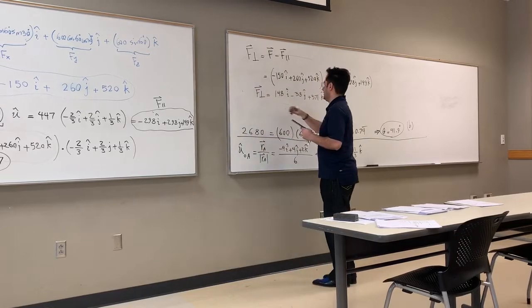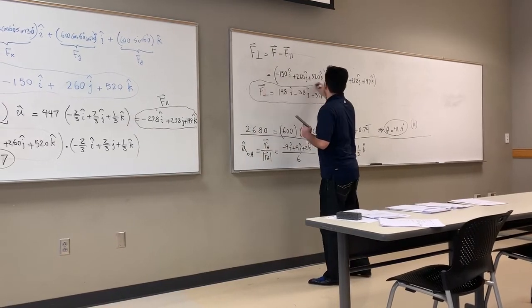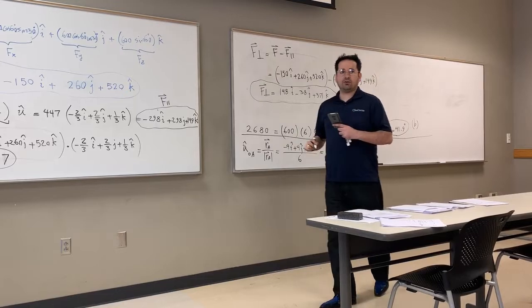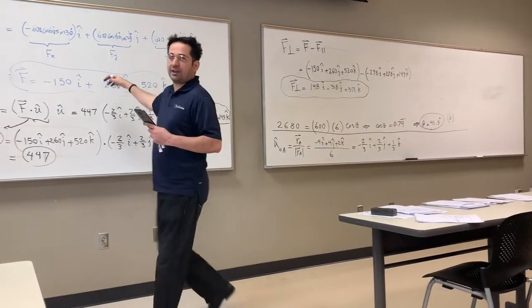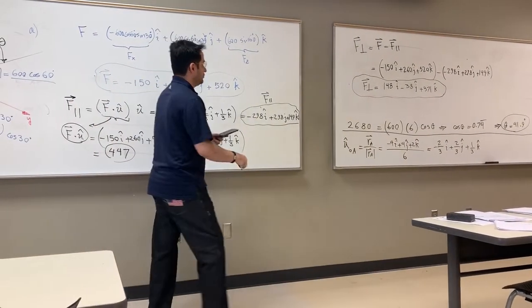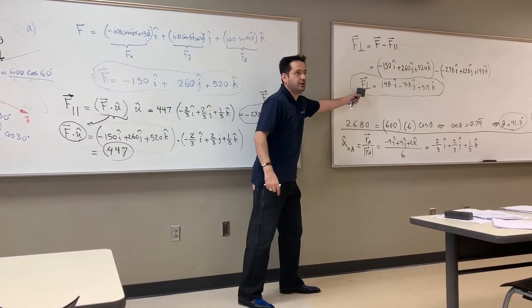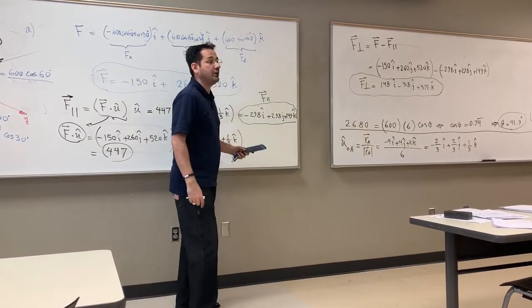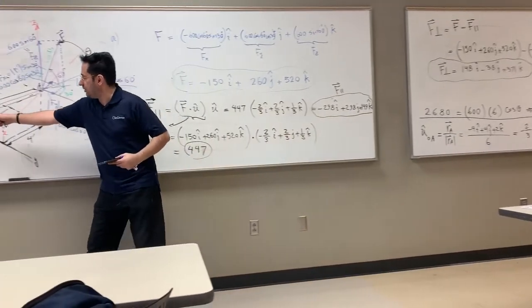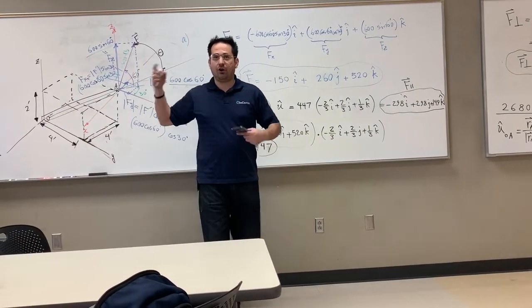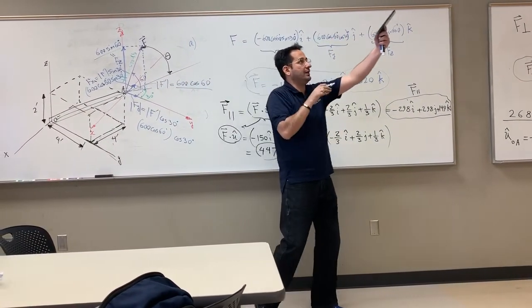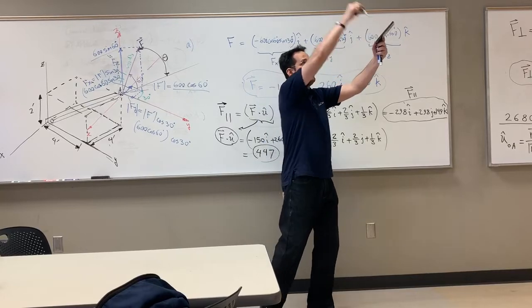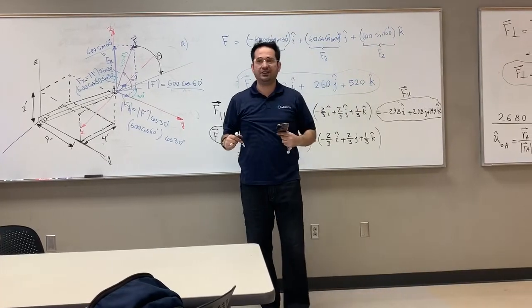In fact, this original force can be decomposed into two components, the normal component and the parallel component, in the direction along the pipe. You always have a parallel and a normal component in 3D space.